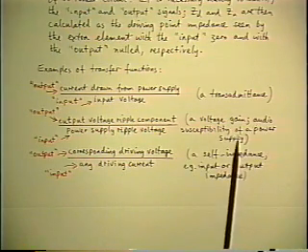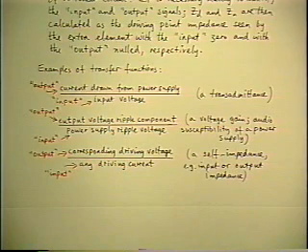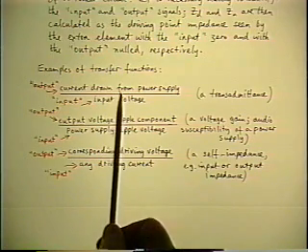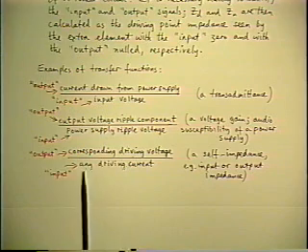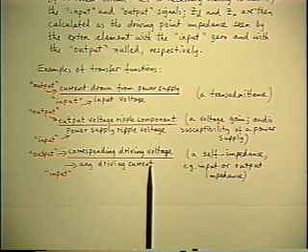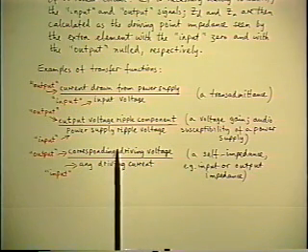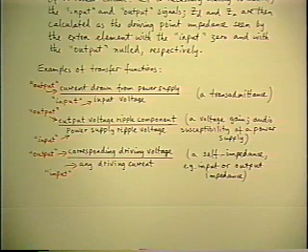That's an important specification of a power supply. These are just a couple of examples to illustrate that the only common thing about all these transfer functions is that the denominator is the independent input and the numerator is some corresponding dependent output. And that's simply a generalized definition of what a transfer function is.